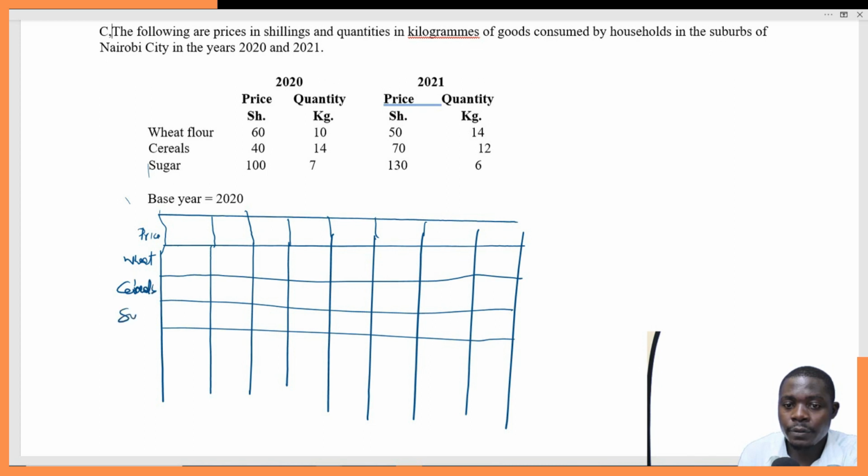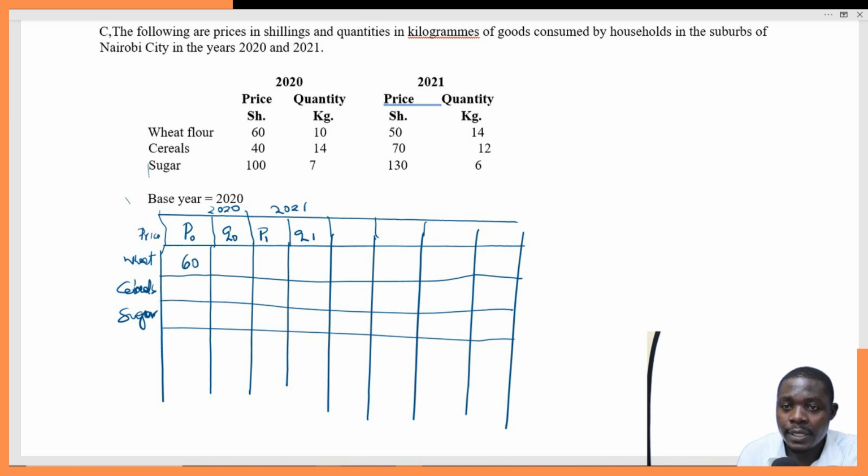Then we have sugar. The price for 2020 is going to be my P naught. This one will be my Q naught, the quantity for 2020. Then 2021, those are the present year's prices. It will be P1. Then we have the quantity Q1.